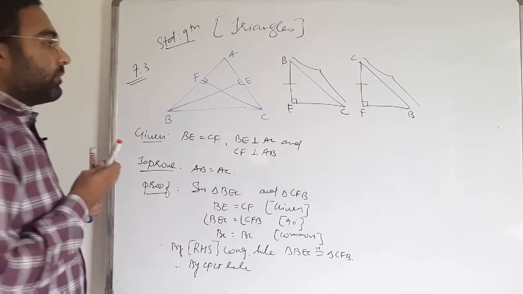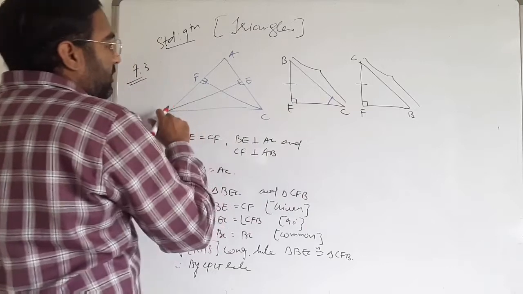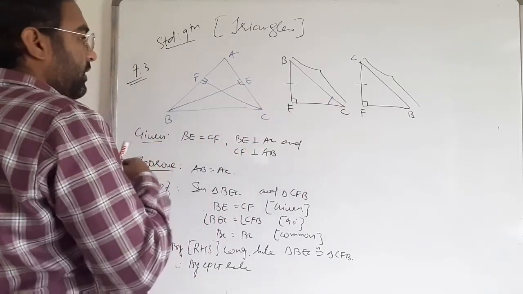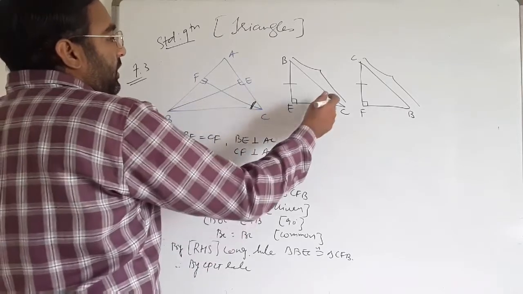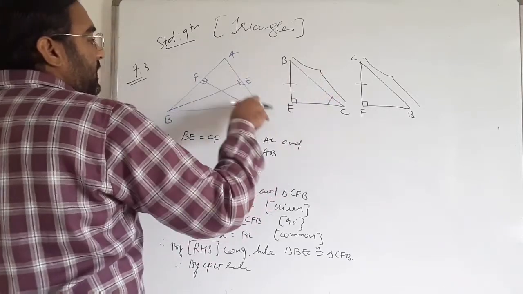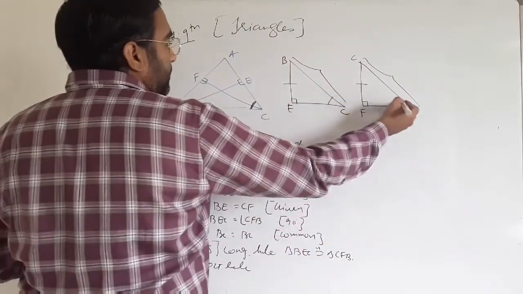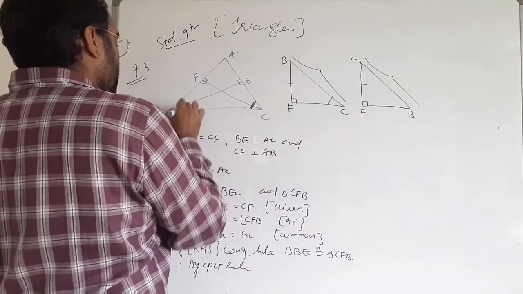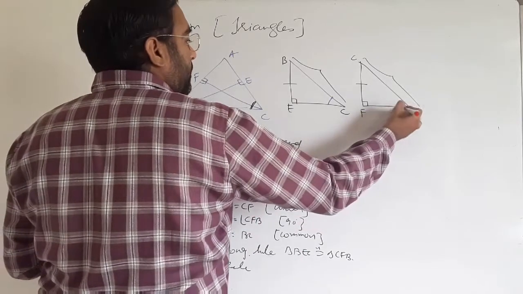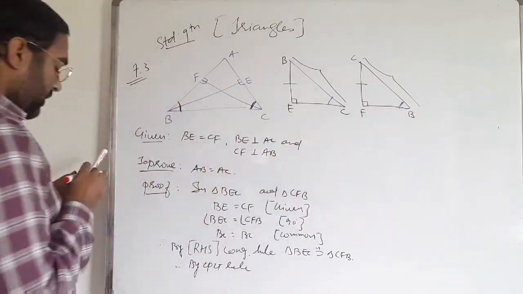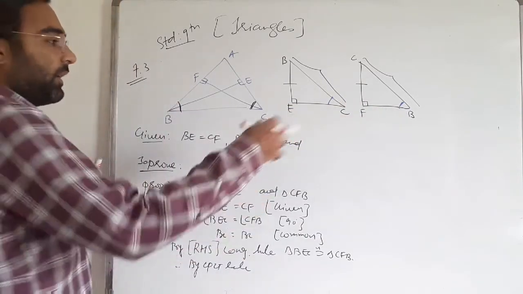We are taking in BEC, this whole angle C, and in CFB we are taking angle B. By CPCT rule, angle C and angle B are equal in both triangles.